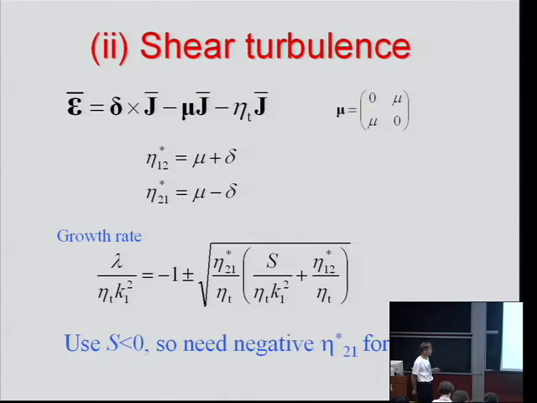As one can see here, if the shear in an accretion disk is negative, and if this term is also negative, then this gives a positive contribution to the growth rate, and could lead to dynamo action. But as we have seen in the previous viewgraph, this sign is positive, and so with negative shear, this cannot lead to a shear current effect.